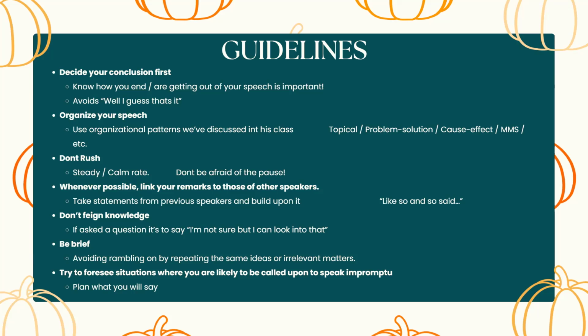But if you acknowledge that you've been listening, there's something about that that adds to your credibility. I don't know what it is, but even though you're basically taking from someone else and building upon it, it makes you sound smart because it sounds like you've been listening and you have been able to break down what they've said, if that makes sense. So, whenever possible, link those remarks.